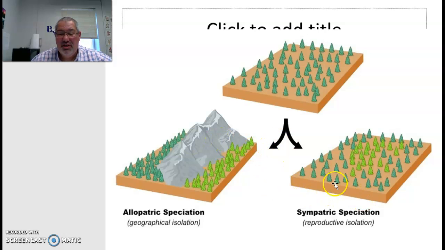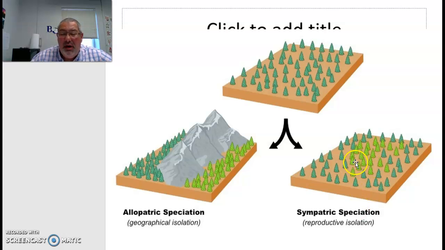Sympatric speciation shows that this pale green population becomes reproductively isolated within the same range of the ancestral population or species, that you do not have a geographic barrier that presents a way of limiting gene flow, if you will, between the populations. So, you might say, well, what causes reproductive isolation? And again, this will be a topic of video 3.